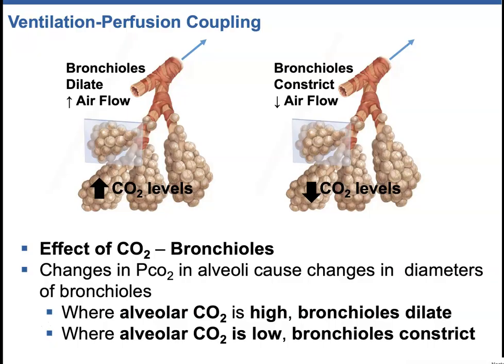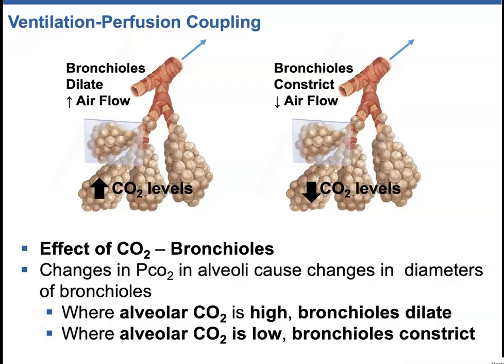Now, when you have less carbon dioxide, right, so when you're at rest, you're not producing as much carbon dioxide, so you're not going to unload as much carbon dioxide into the alveoli, and then what will happen is the bronchioles will now constrict, so you'll go through bronchial constriction, and then you'll just have less space, right?